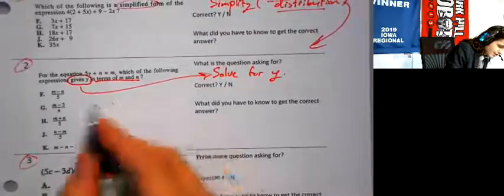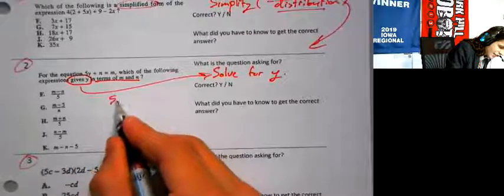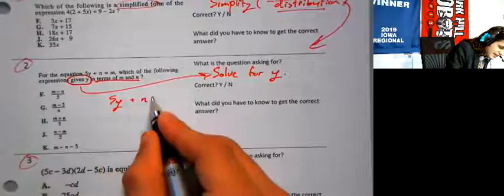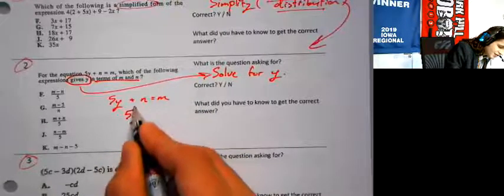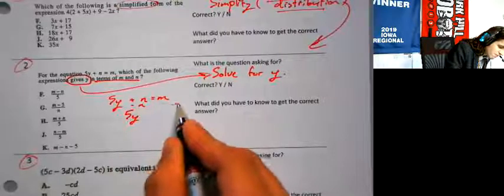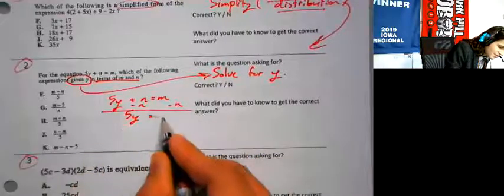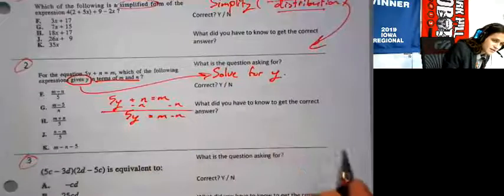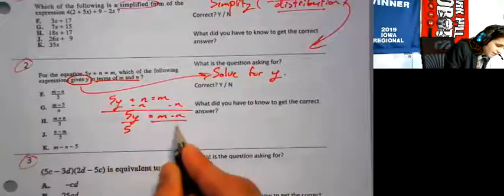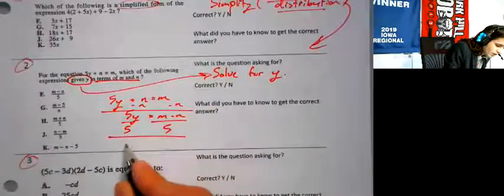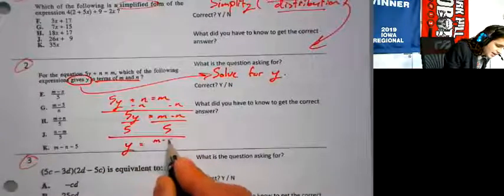So 5y plus n equals m, trying to solve for y. If you subtract an n from each side, 5y becomes m minus n. Then dividing each side by 5 to solve for y, y equals m minus n over 5. Can solve that pretty quick.